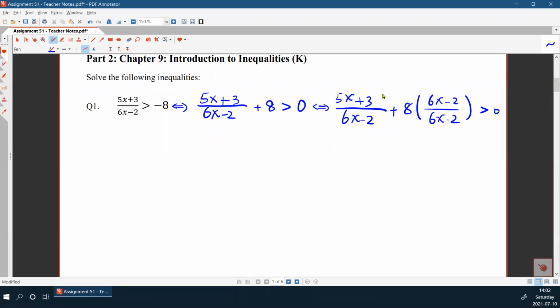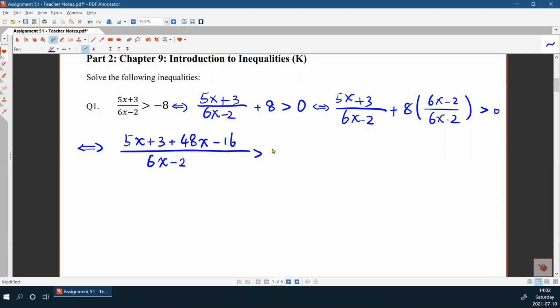Okay, and then let's reorganize the numerator. 5x plus 3 plus 8 times 6x is 48x. 8 times minus 2 is minus 16. And common denominator is 6x minus 2, right?